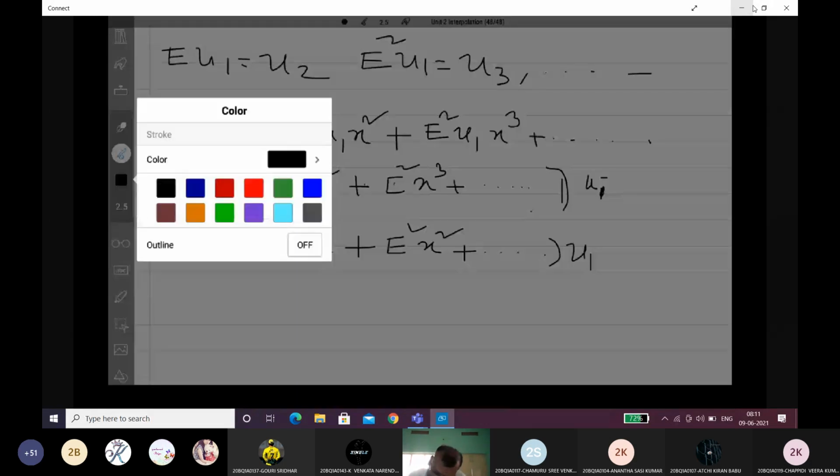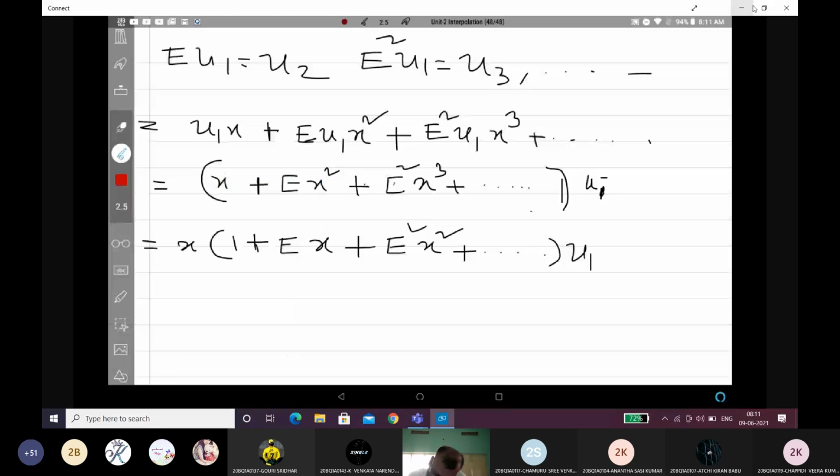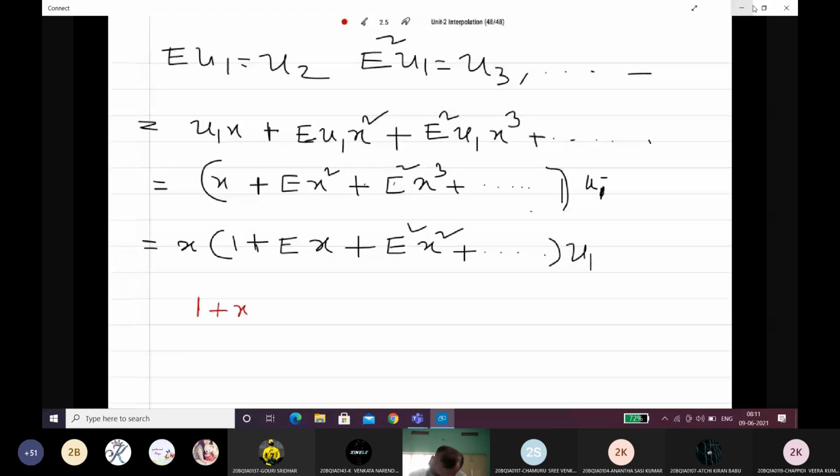We know that 1 plus x plus x square and so on is equal to (1 minus x) whole power minus 1, because a plus sign becomes a minus.